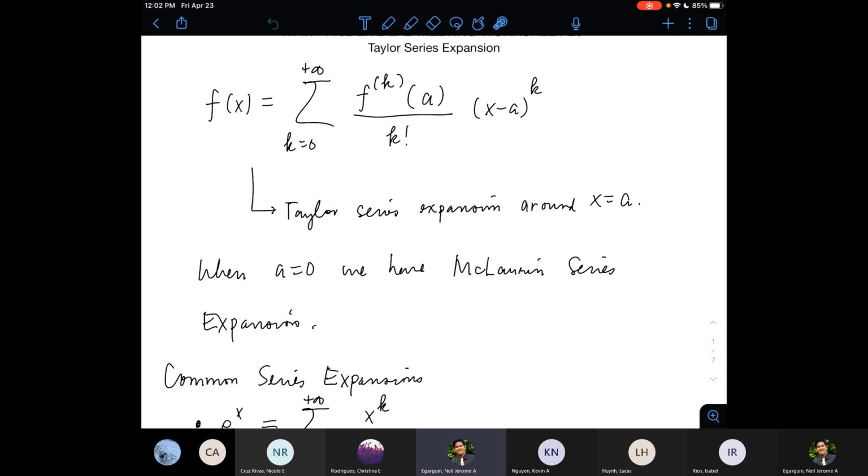Another nice thing is that most likely, if you plug in a equals 0, you will get a nicer or easier calculation. That's why most people prefer the center of expansion to be x equals 0. They love it so much that it's given a special name. It's a Maclaurin series expansion.